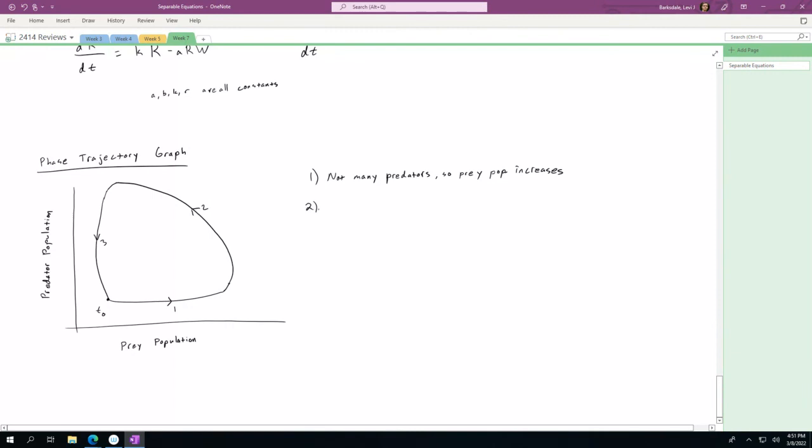In the second phase, we have lots of prey, so the predator population increases while the prey population decreases.